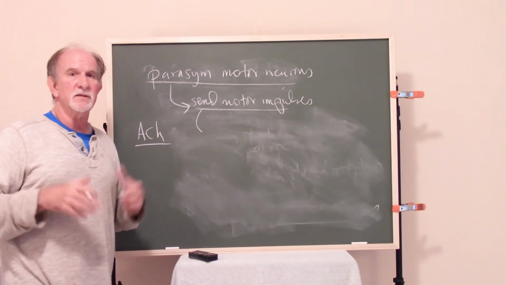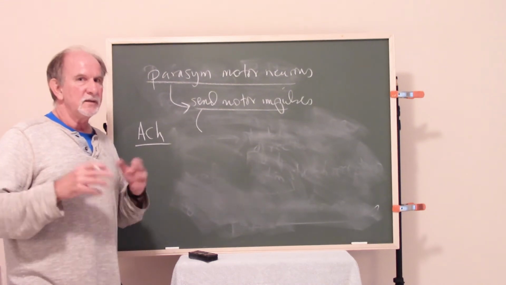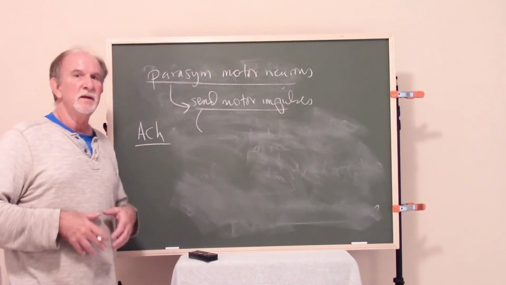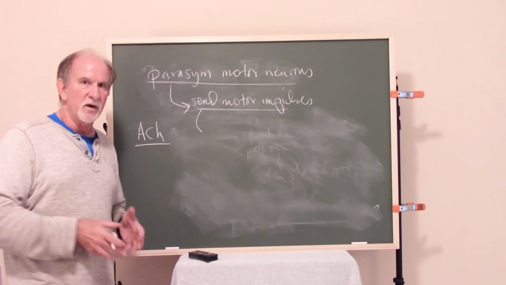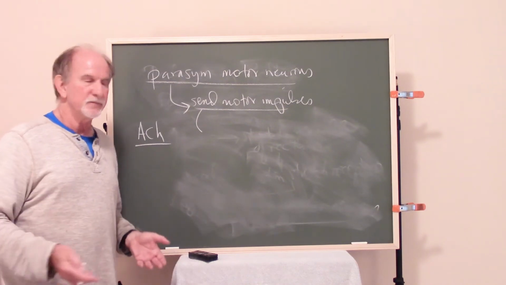And again, I want to stress that the parasympathetic system promotes everything associated with digestion. There's no exceptions. And this is an example of something that is associated with the digestive process, the elimination of undigested food by defecation.